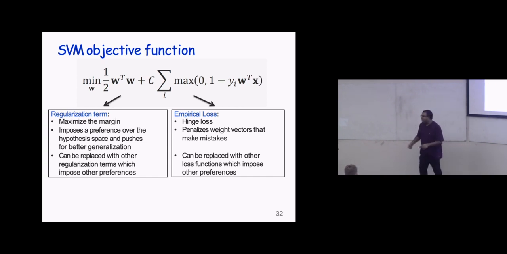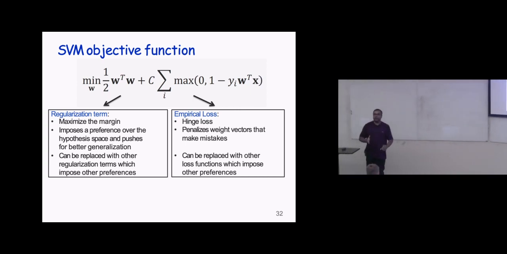That basically means you are trying to find a w that has minimal magnitude in the Euclidean space. That basically means if there is one solution like this, and there is another solution like this, you will prefer this one because this has a smaller magnitude w. Remember, w is no longer a unit vector, so you can go arbitrary with w, but the smaller the w is, the larger the margin is. So you probably even want a w that is even smaller than a unit vector.